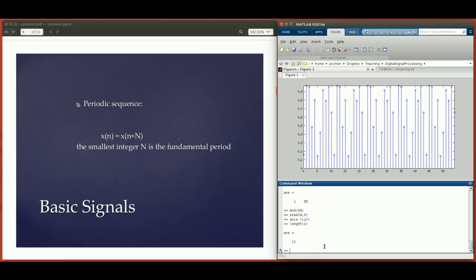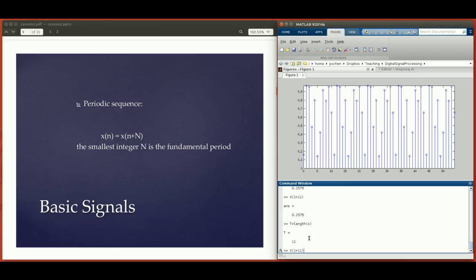So what you can check is that x[1] is going to equal x[1 plus 11]. The period, let's call it big T, is the length of small x. The fundamental period is going to be 11.